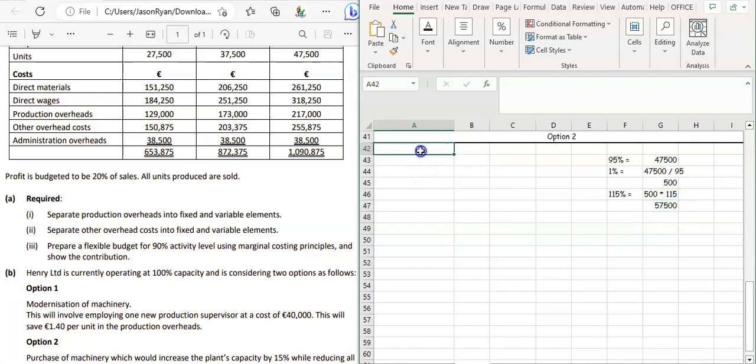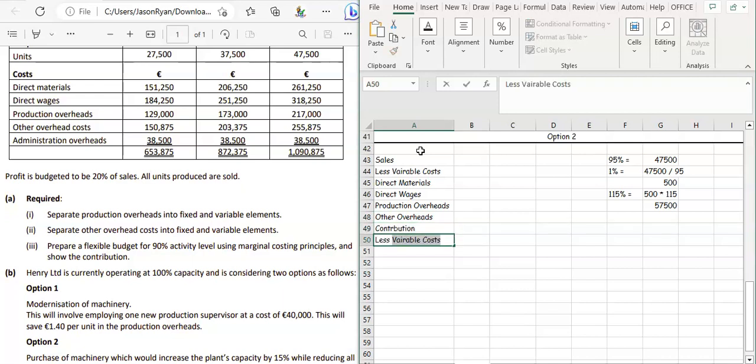Same again, we want to use marginal costing principle, so we're going to use sales less variable cost, which are made up of direct materials, direct wages, production overheads, and other overheads. That's going to give you a contribution.